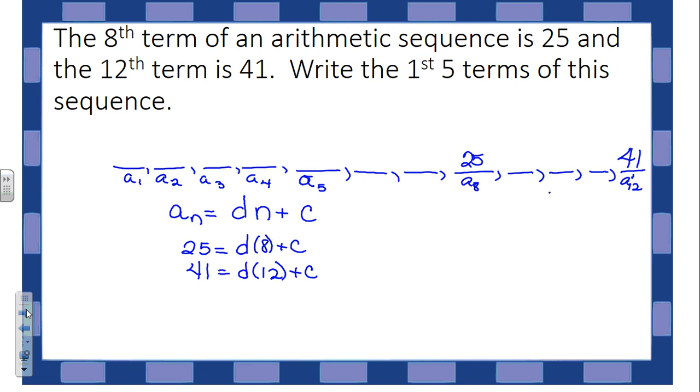So we could subtract and then divide. What is the last one? 41. The 8th one is 25. Divide that by 4 because 12, erase that. 12 minus 8 is 4.